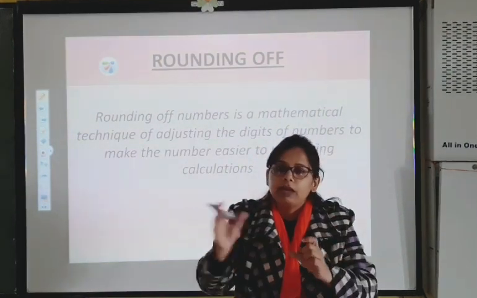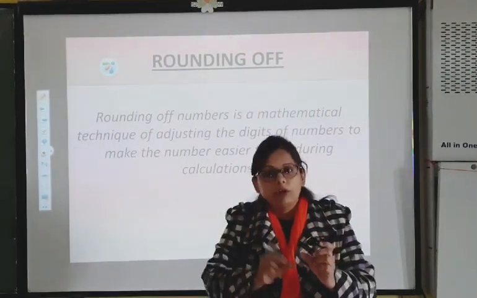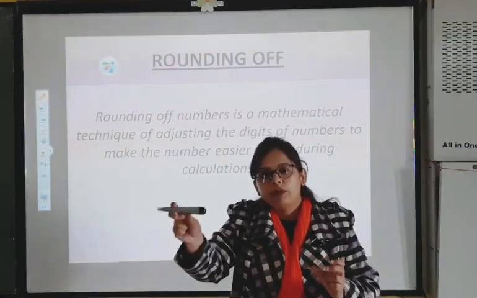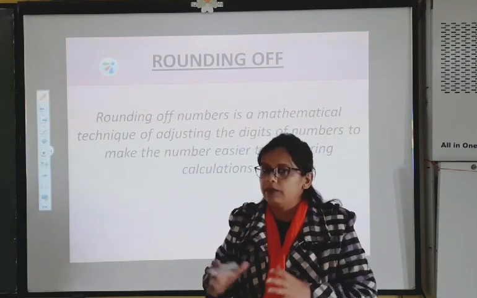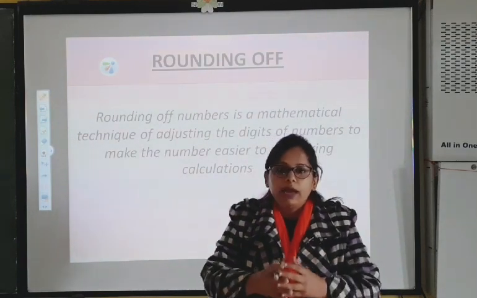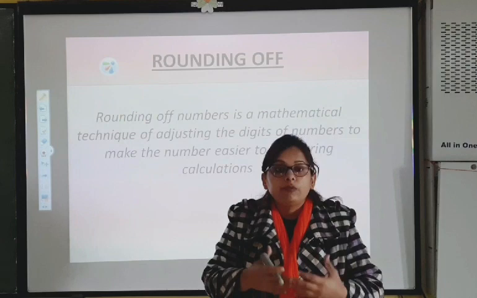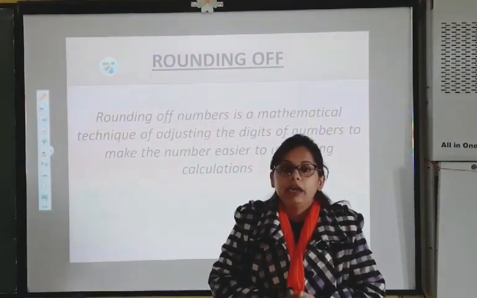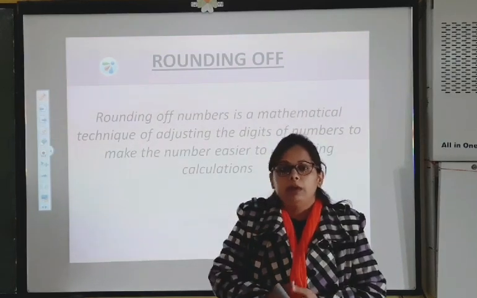So 49 becomes 50, 52 becomes 50. Then if you add the rounded numbers, 50 plus 50 is equal to 100. Now you have seen how rounding off makes calculation easier. So children, this is the need to round off the number.